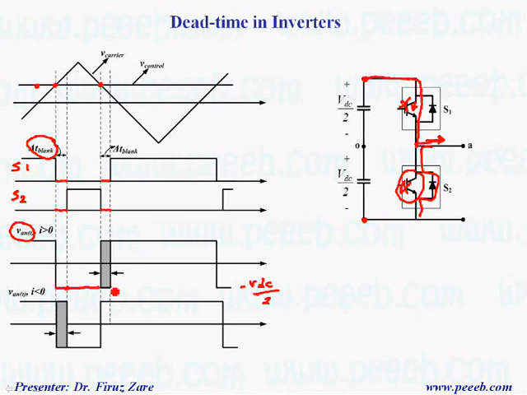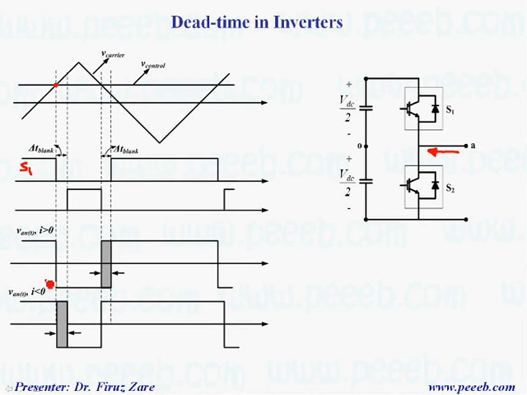That means we keep the voltage negative, and then we turn on this switch. Once we turn it on, the current can pass through this IGBT, and then we get positive voltage. So this is the scenario for the case that the current is positive, and then we can analyze the case that the current is negative.